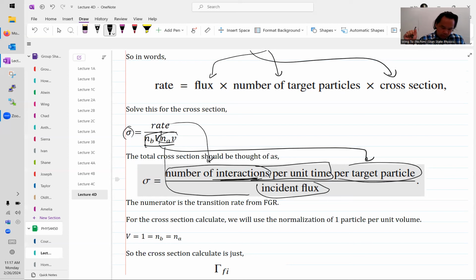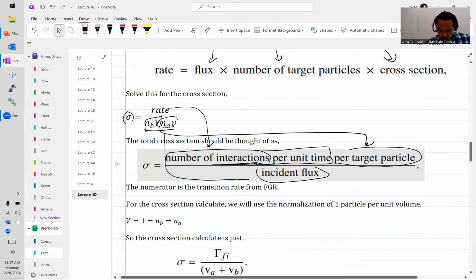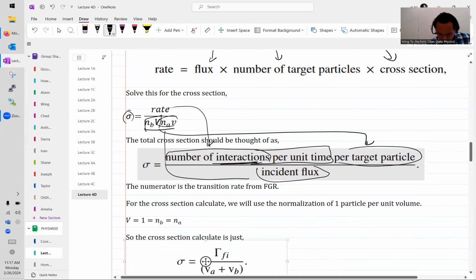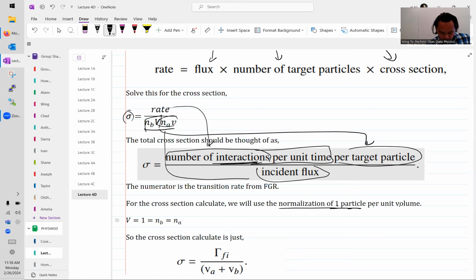So what we're going to do in our calculation, except the convention, is normalize things so that we have one particle per unit volume. That means V is equal to 1, NB is equal to 1, NA is equal to 1. So that makes a lot of the math easy.